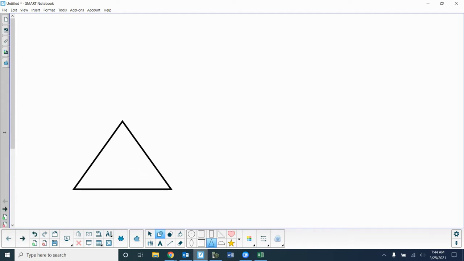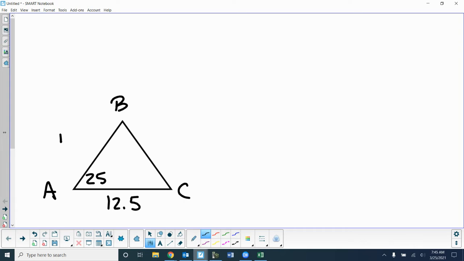Okay, so this first one, you're given angle A is 25, and side B, and remember, the side B is opposite angle B, and side C is opposite angle C. Side A is opposite angle A, okay?